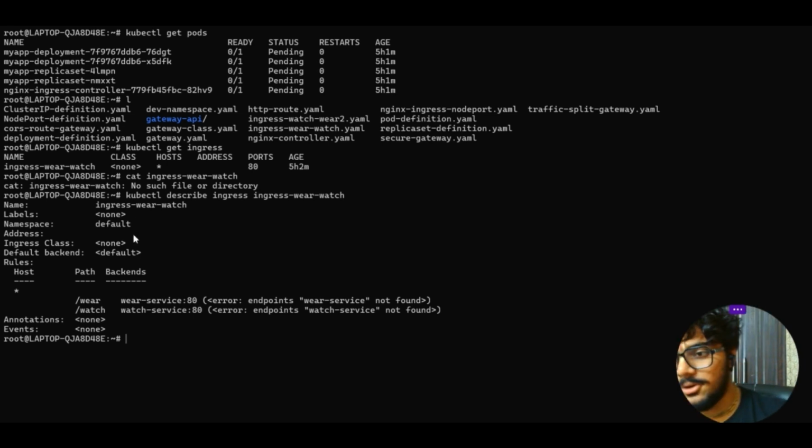So here we have our ingress file. Its name is ingress, here watch, default, and these are the ports that are being exposed to our application at the moment. These are the endpoints.